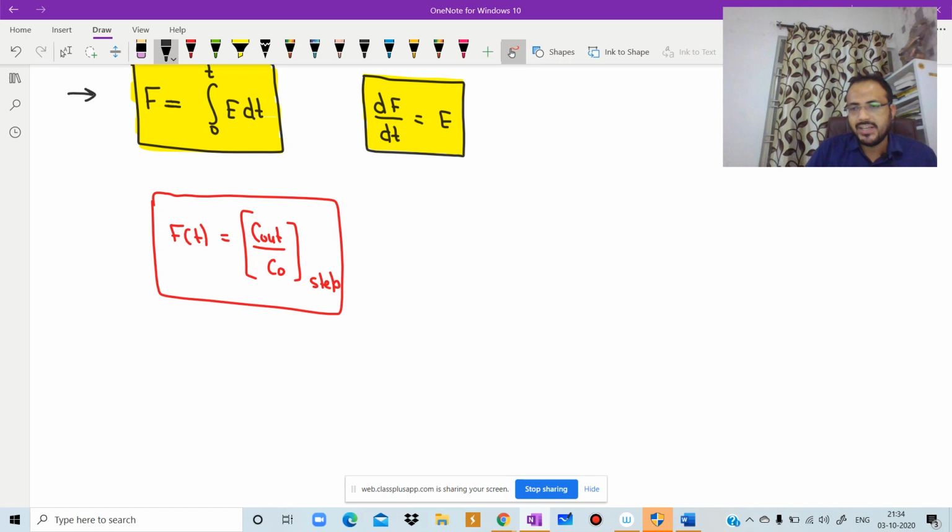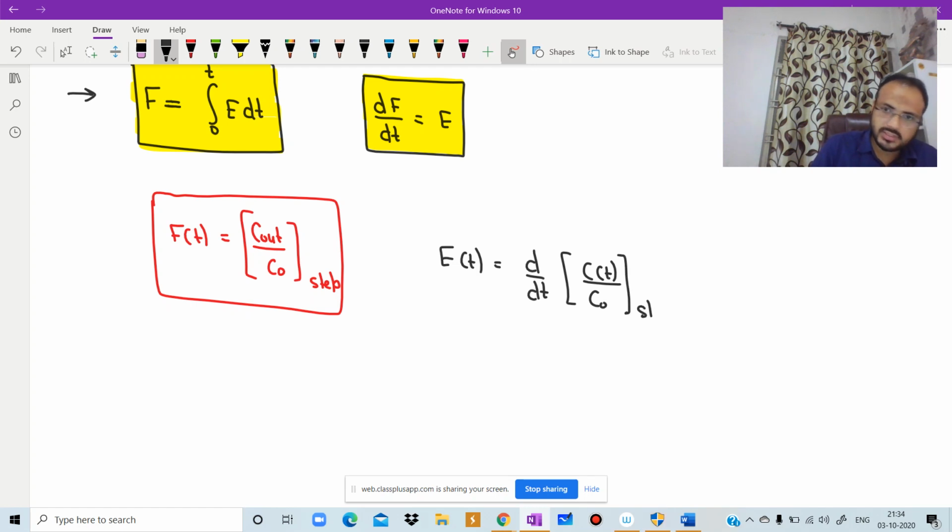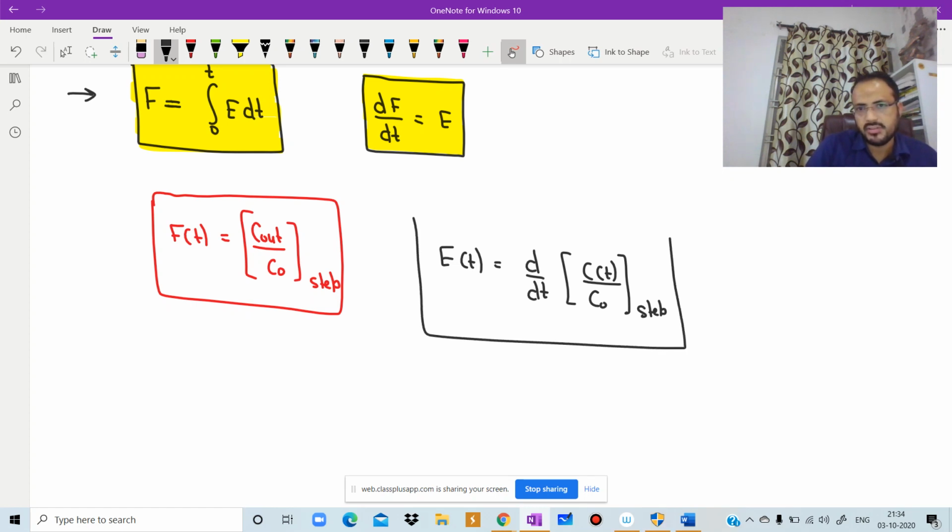Now we will discuss advantages and disadvantages of this process. One more before that: E of t is equal to d by dt of C of t divided by C naught for step. I have already given this one.